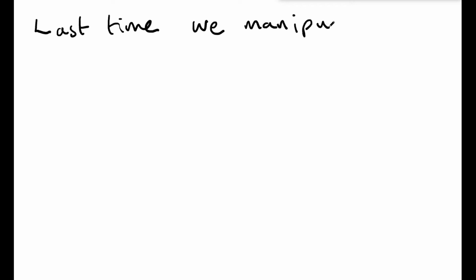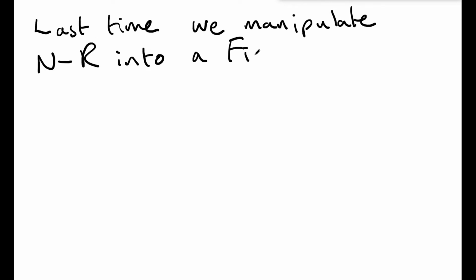To continue our analysis, last time we got to this point: we manipulated Newton-Raphson into a fixed point form. Remember, for fixed point we had this very useful result that the modulus of g prime has to be less than 1 for convergence.